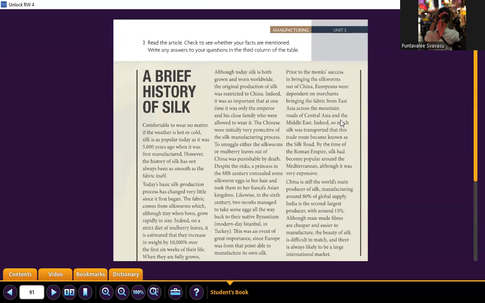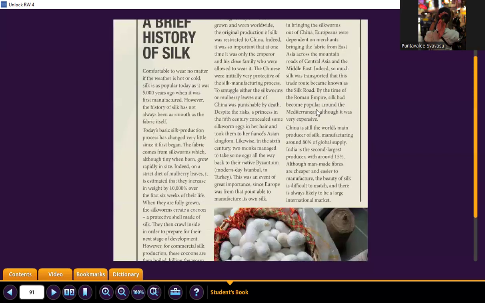So when we talk about the Silk Road, we talk about merchants, which is the same thing as traders. So that's why the answer is C. And the last one, the answer is D, not only made in China, because in the very last paragraph here, they talk about India as well. So that's why it's not only made in China.